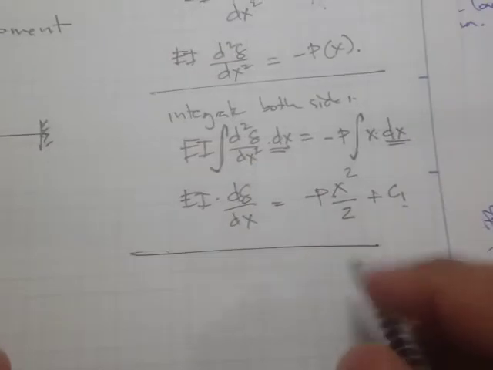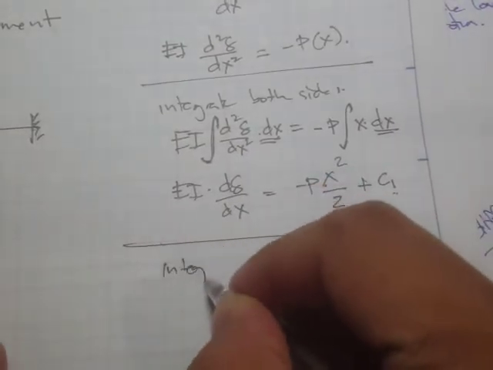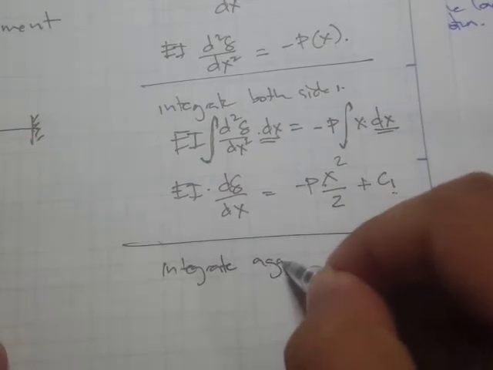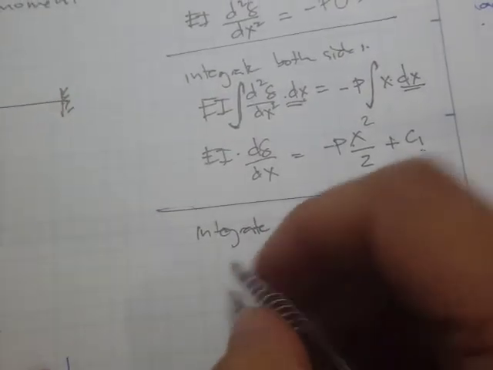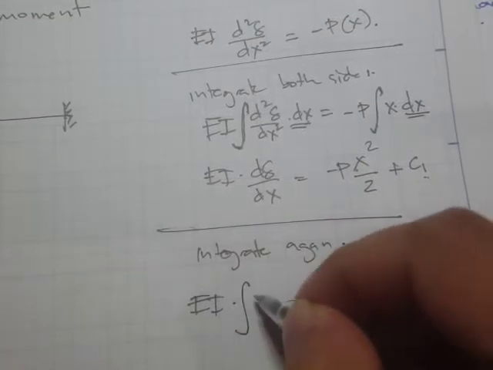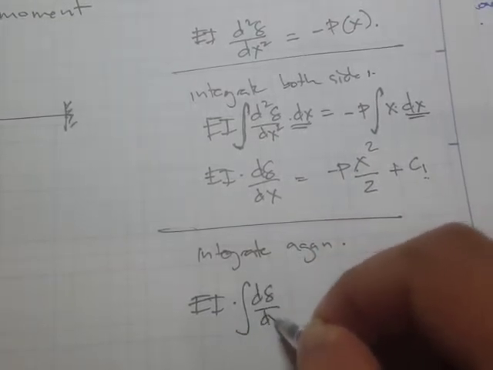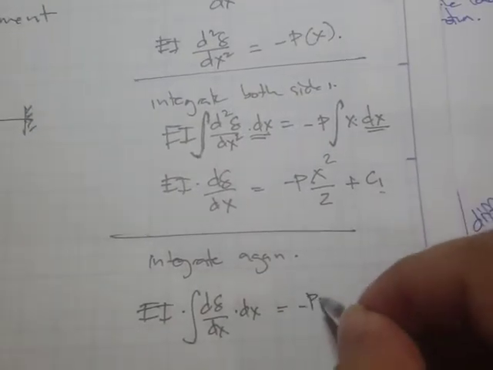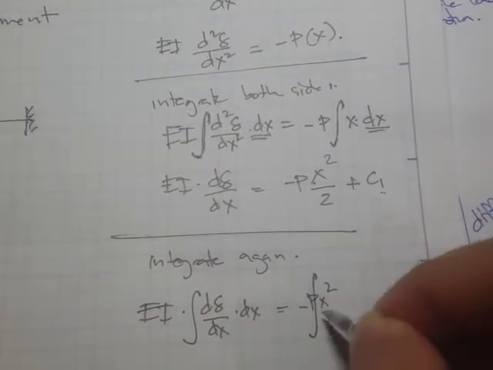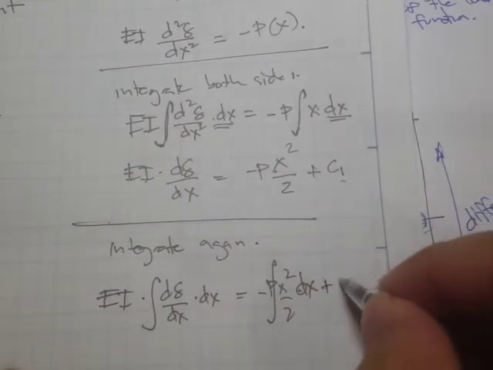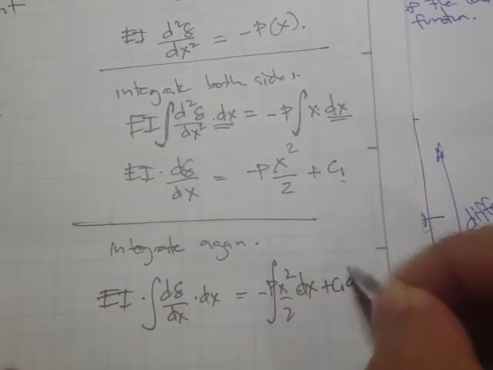Next is integrate again, because we need to integrate it twice. Let us rewrite it, with respect to x, negative P x squared all over 2. Let's take the integral, multiplying by dx, plus c sub 1 dx.